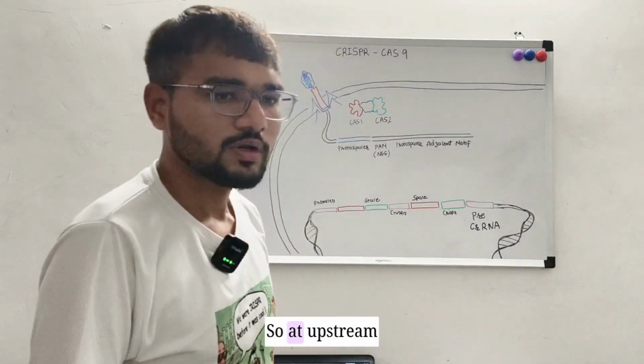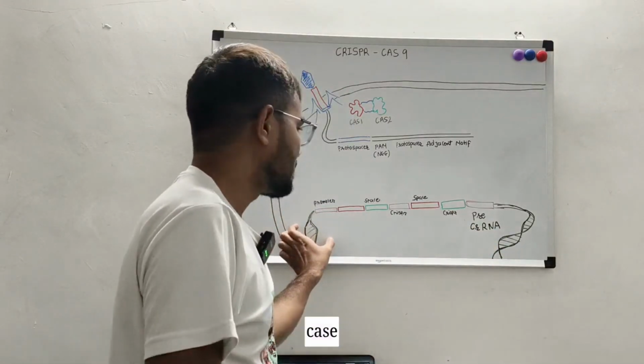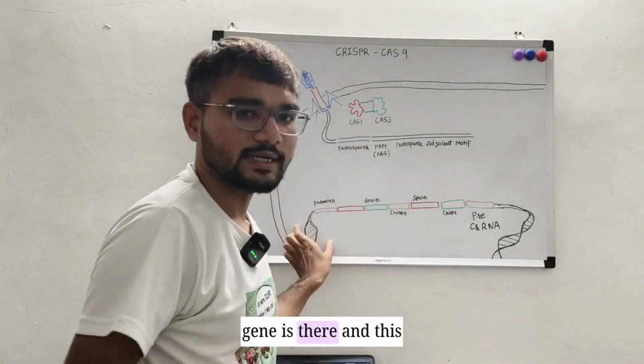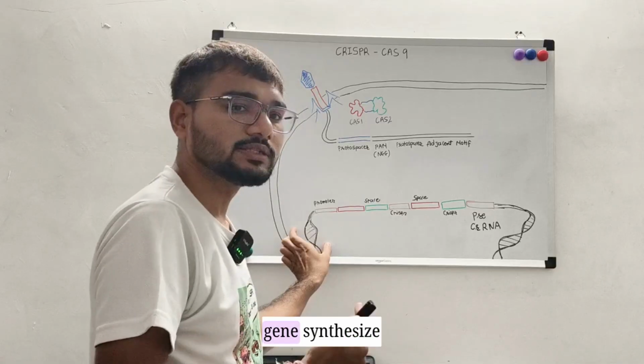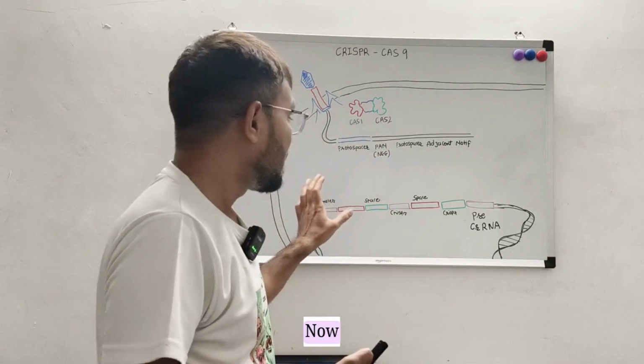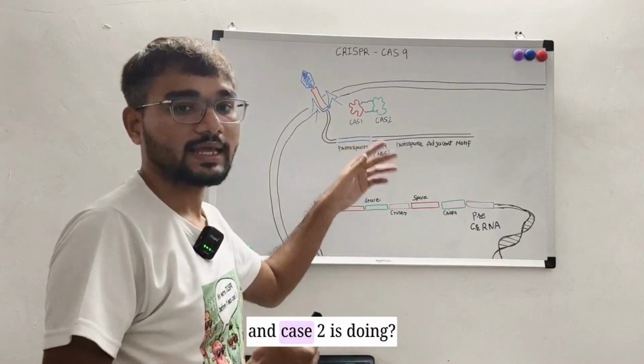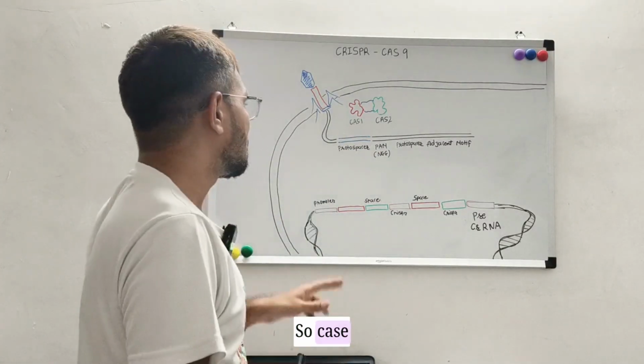So at the upstream site of the bacterial genome, a Cas gene is there, and this Cas gene synthesizes Cas protein. Now what are Cas1 and Cas2 doing?